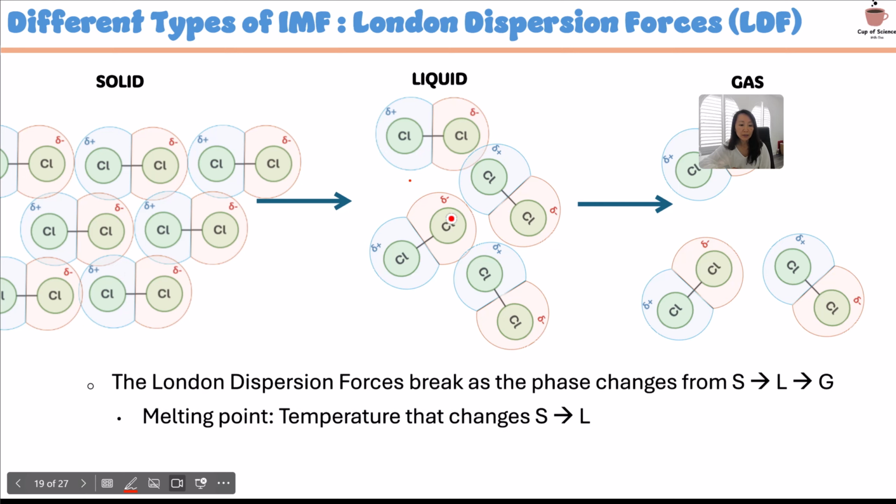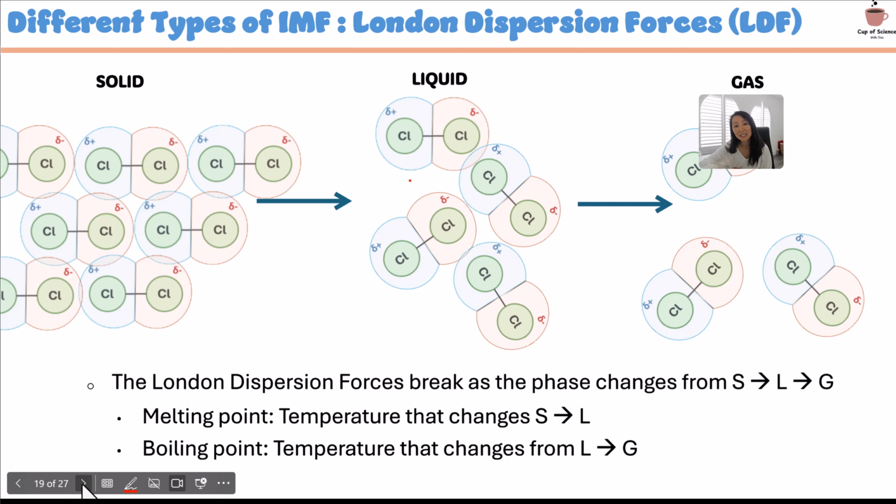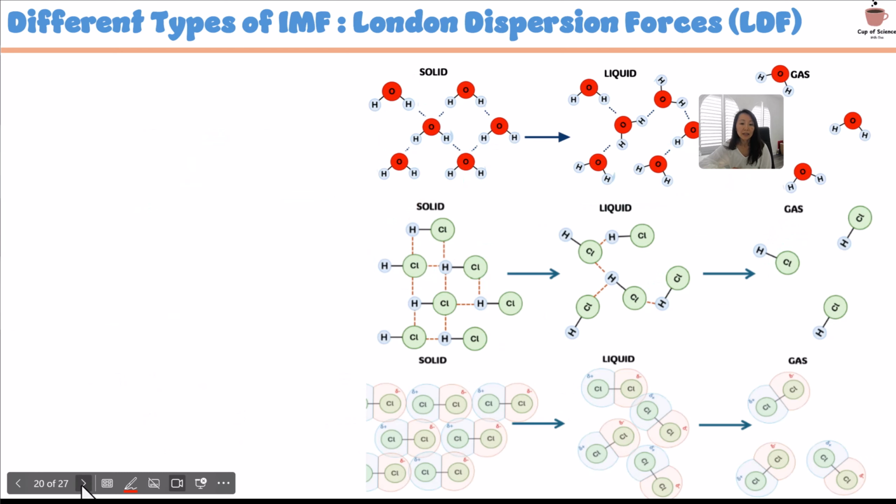Going from solid to liquid, this is considered to be the melting point, the temperature at which it goes from solid to liquid, and there has been some breakage of the London dispersion forces. Then going from liquid to gas, this is where the boiling point is, and there is very little or none of the London dispersion forces occurring because the molecules are far from each other. Now let's compare these three states.